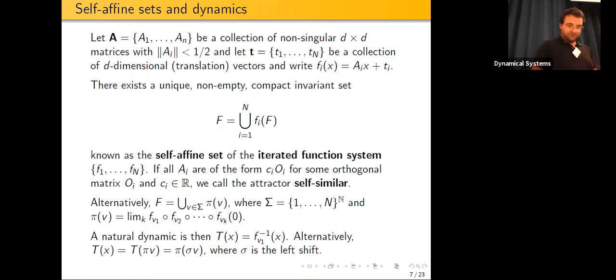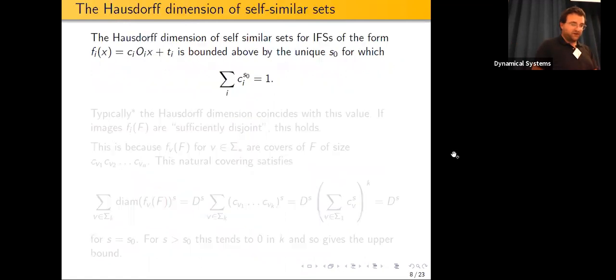Okay, so having set this up, some background. This is all quite classical, but the Hausdorff dimension encapsulates this shrinking behavior. And just to introduce self-affine, or before going to self-affine, I just want to talk about self-similar, just as an analogy.